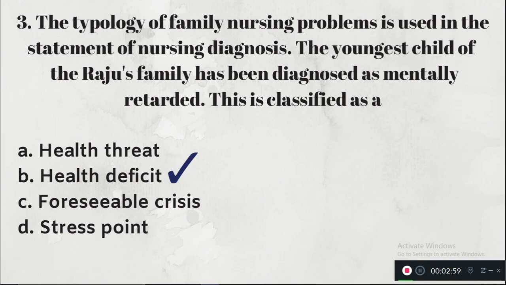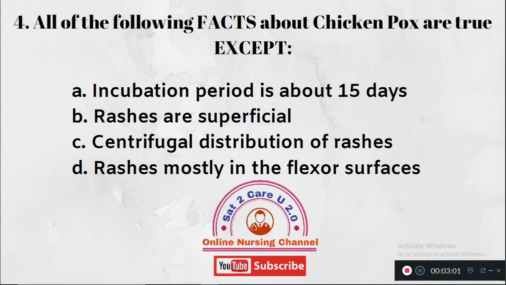Now let's see question number 4. All of the following facts about chicken pox are true except option A, incubation period is about 15 days. Option B, rashes are superficial. Option C, centrifugal distribution of rashes.